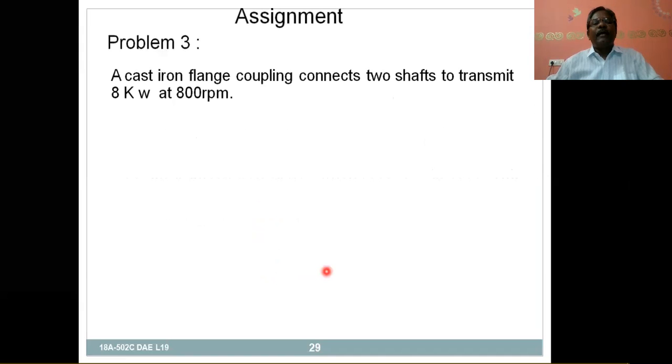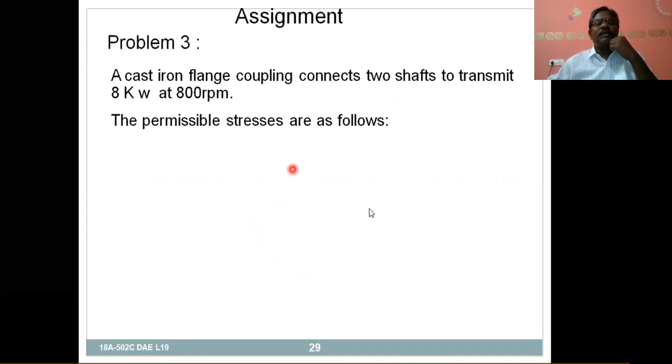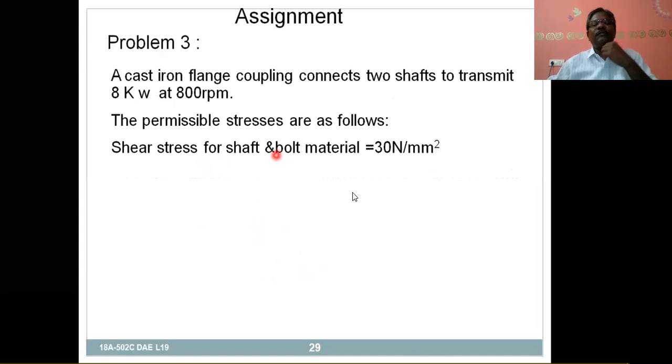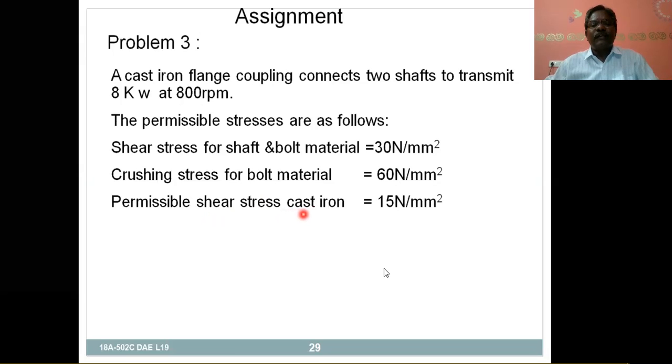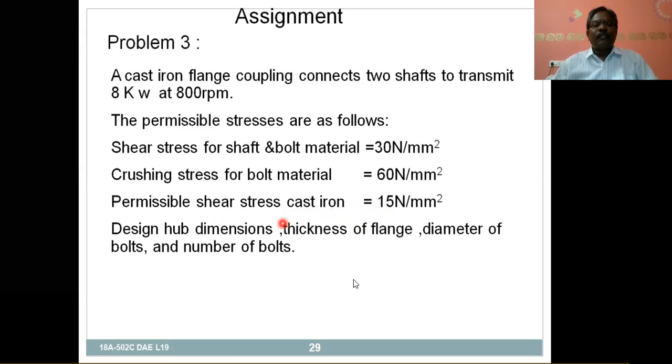So next is a cast iron flange coupling connecting two shafts to transmit 8 kilowatts at 800 rpm. Torque you can calculate with this given data, and the permissible stresses are as follows: shear stress for the shaft is 30 newton per mm square, crushing stress for bolt material is 60 newton per mm square, and the permissible shear stress for cast iron is also given. Design the hub dimensions, flange dimensions, bolt dimensions, and number of bolts.